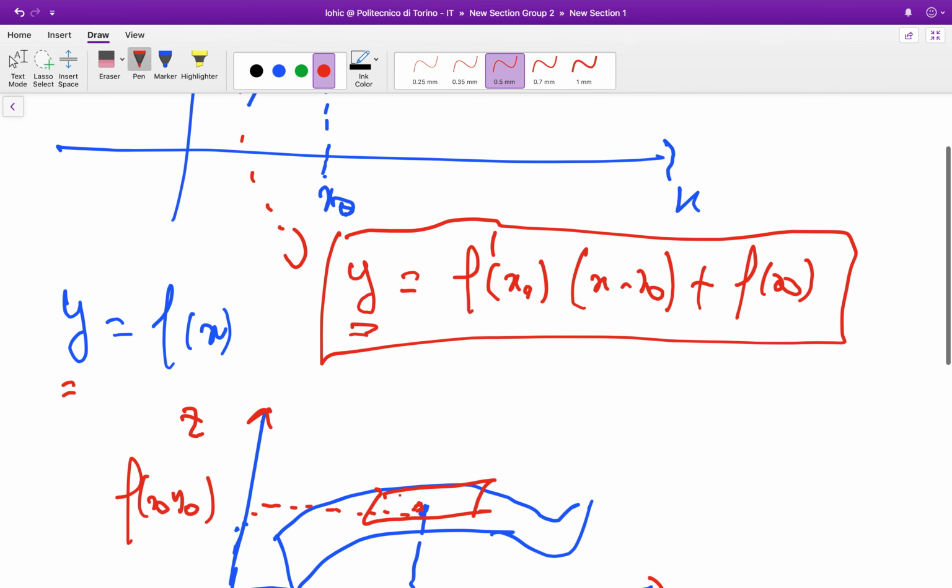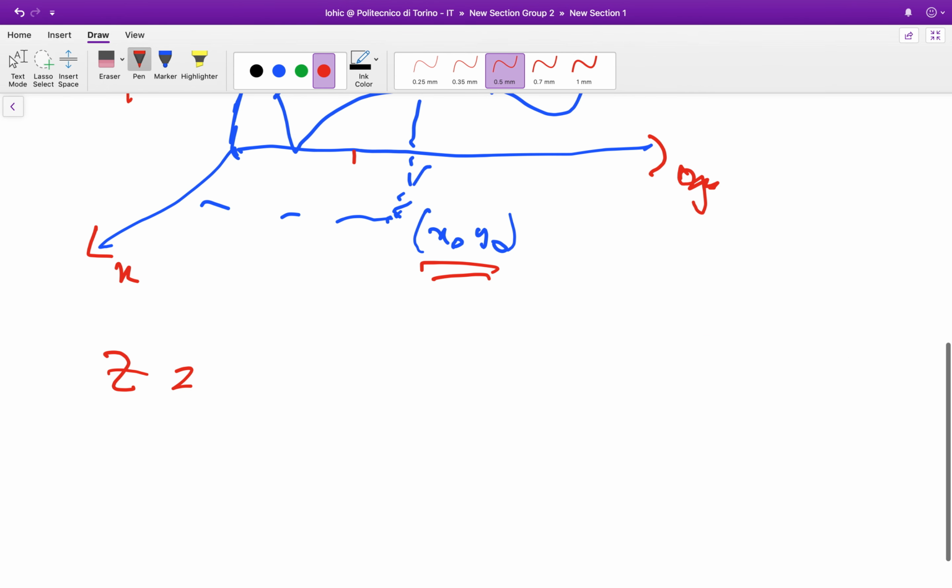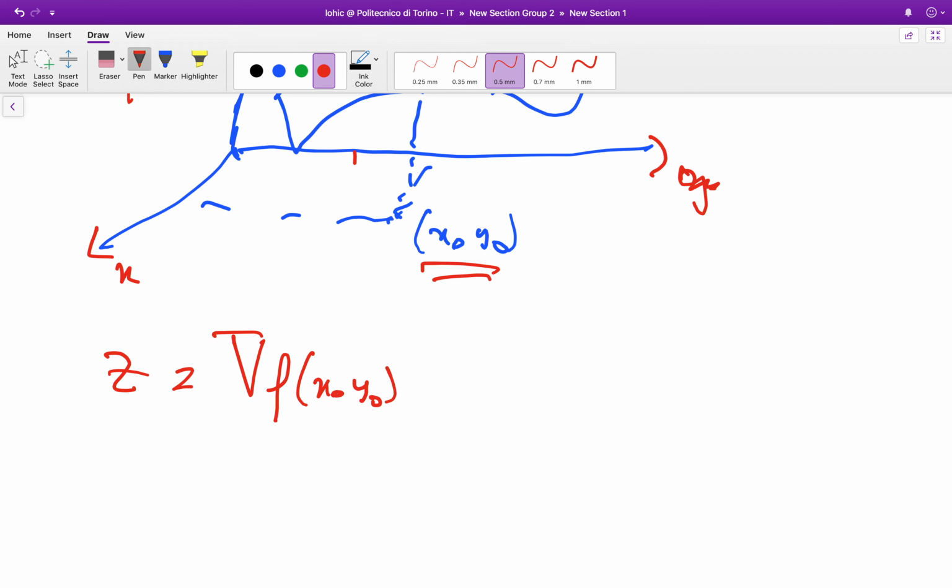First of all, you need the derivative computed at this point. But now what is the derivative? It is the gradient of f computed at x0, y0, multiplied by, pay attention, the gradient is a vector, but you should have only a number, only z, an equation only. So when you have a vector and another vector, how do you put them together to get a number?